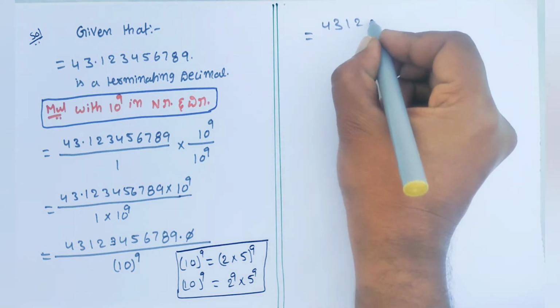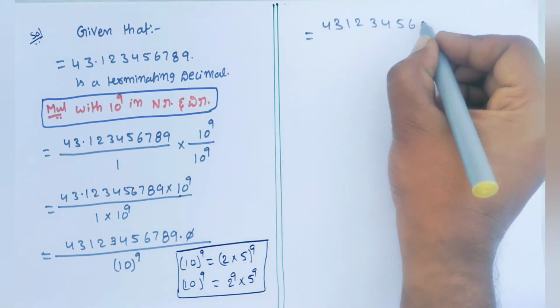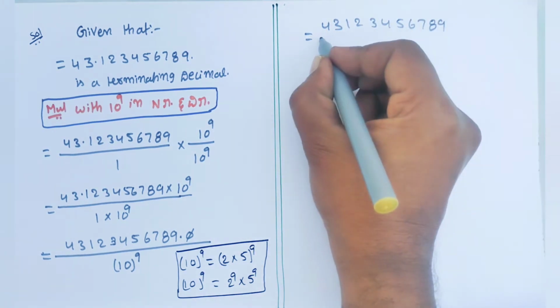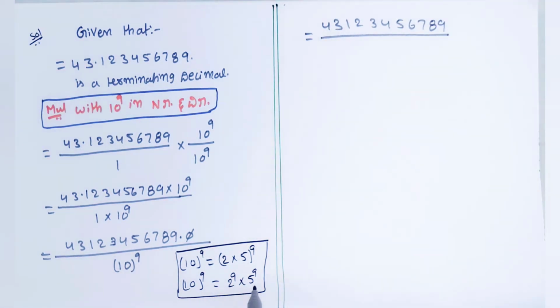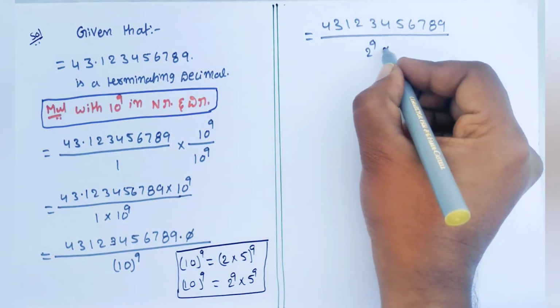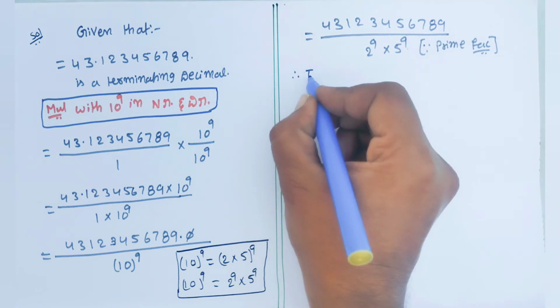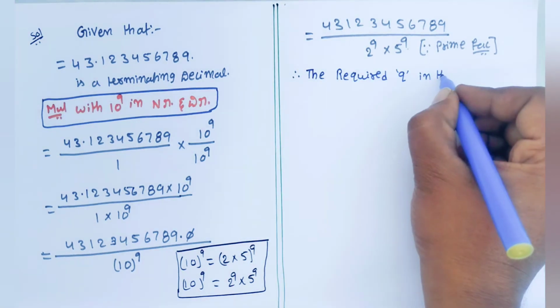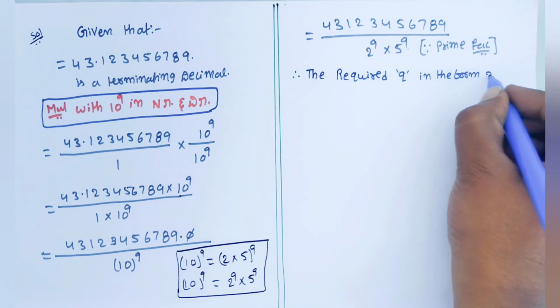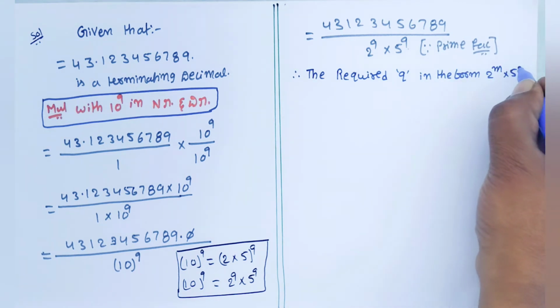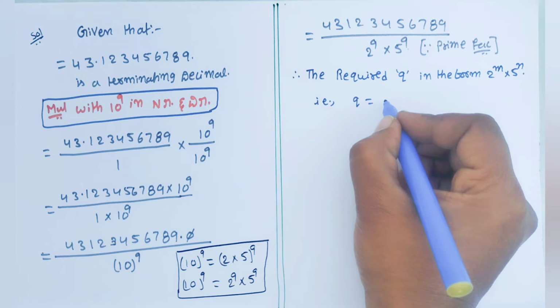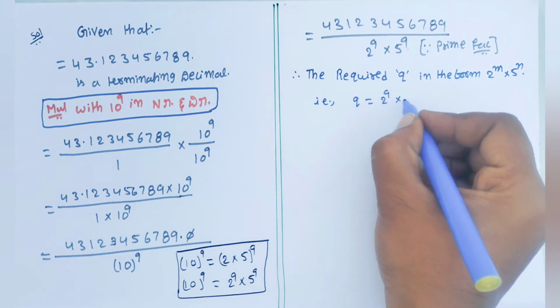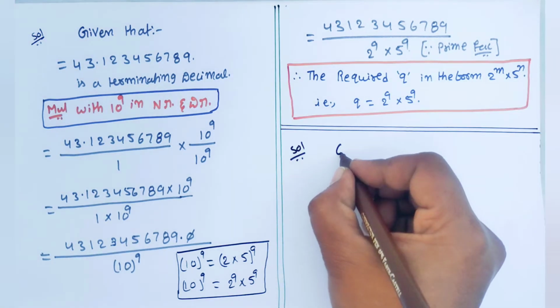That is the required prime factorization. Therefore the required q is in the form of 2 power m into 5 power n, that is q equals 2 power 9 into 5 power 9.